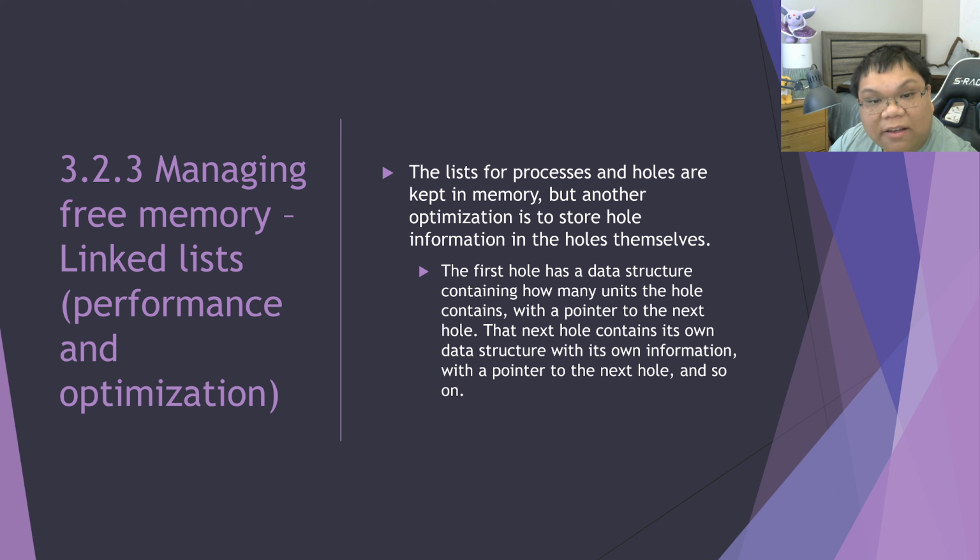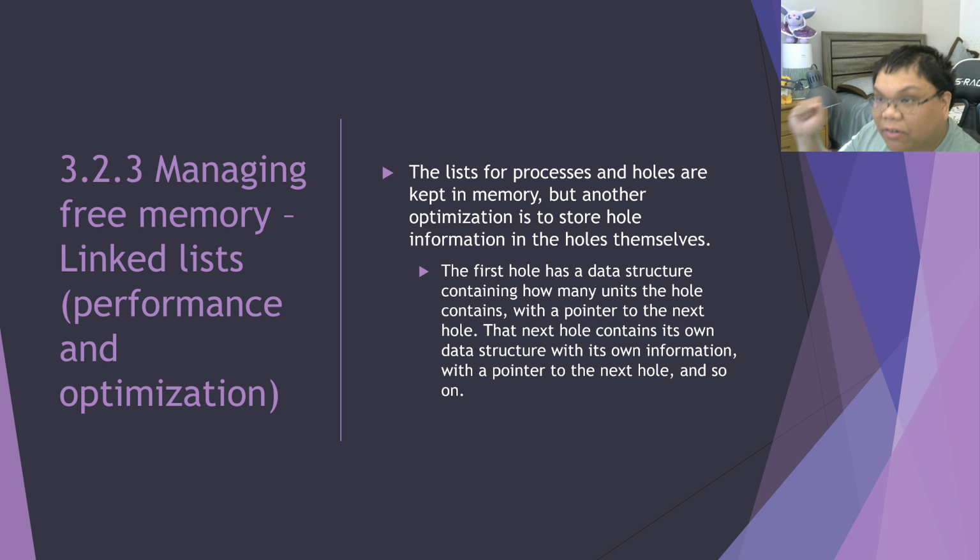The lists for processes and holes are kept in memory, but another optimization is to store hole information in the holes themselves. The first hole contains a data structure containing how many units large the hole is, and there's a pointer that points at the next hole.